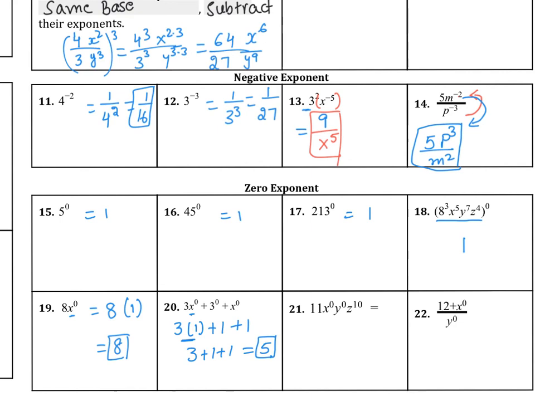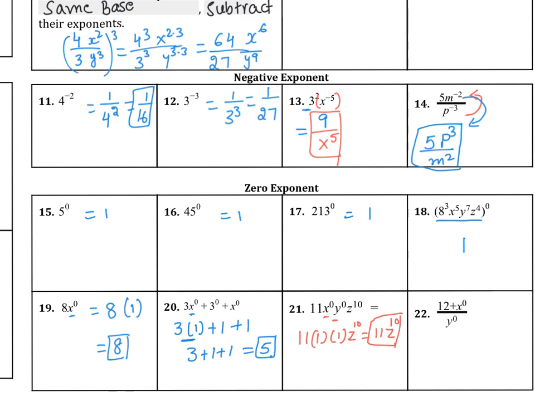Now for 21. This 11 remains as it is. This is 1 for x to the power 0. y to the power 0 becomes 1. And then z to the power 10. So 11 times 1 times 1 times z to the power 10 will be 11 times z to the power 10.